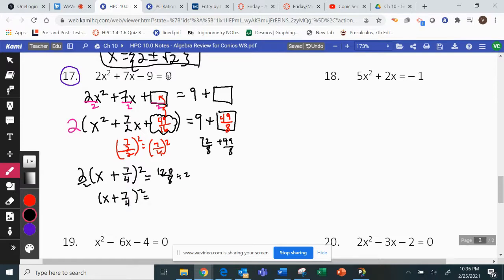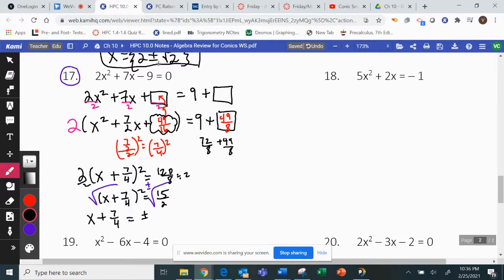I think that's 15/2. Okay, I'm going to square root both sides, which means I put a plus or minus in. It's going to give me x plus 7/4 equals plus or minus.